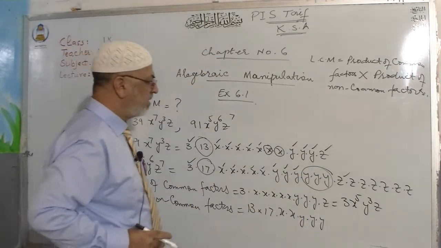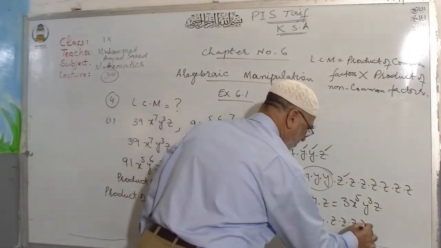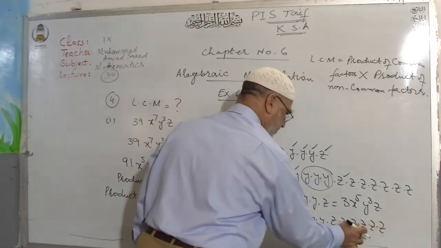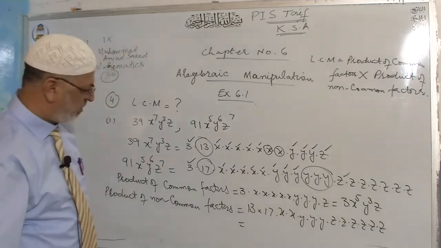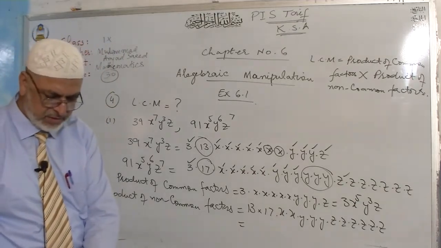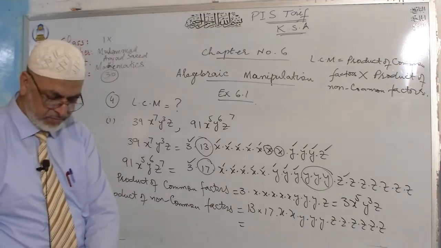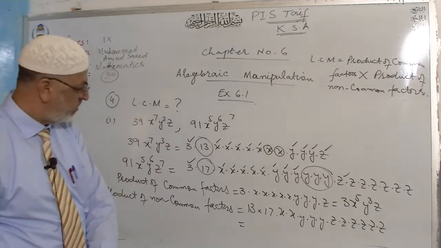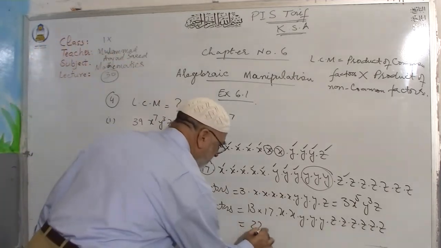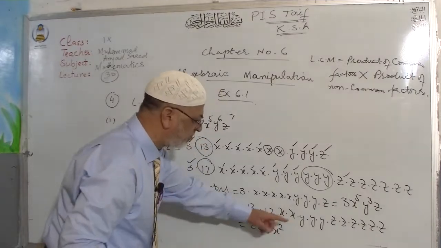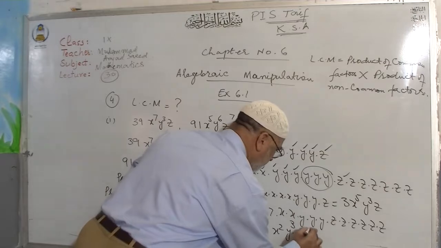And 6 times z left from here. 1, 2, 3, 4, 5, 6. And here is 13 and 17, this is 221, x 2 times, y 3 times, z 6 times.